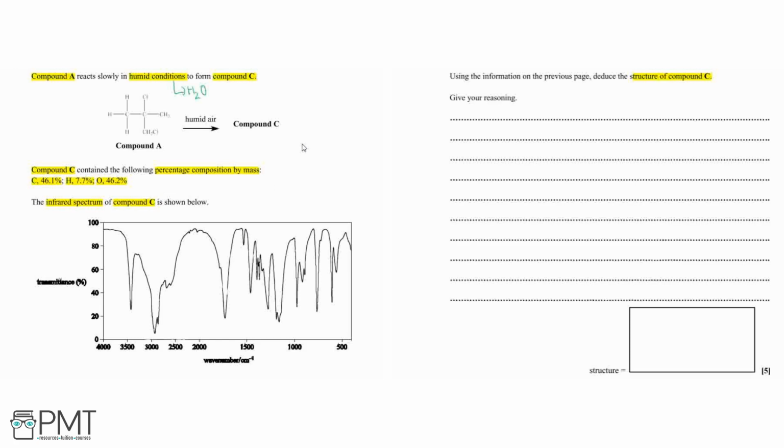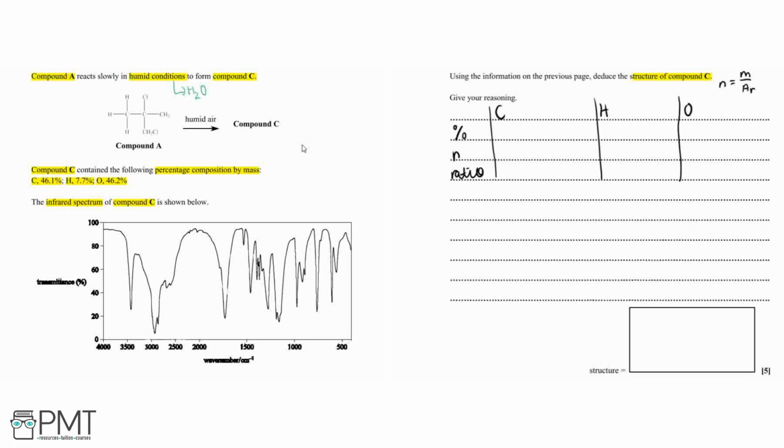So let's start by setting us up a table. So we'll need our percentages, our moles, and our ratios. And because we've got the percentage composition by mass overall, we can use the formula of moles equals mass divided by atomic mass. So where we're using our percentages as the masses here for each of these parts overall.